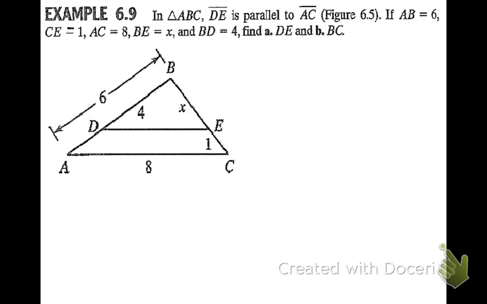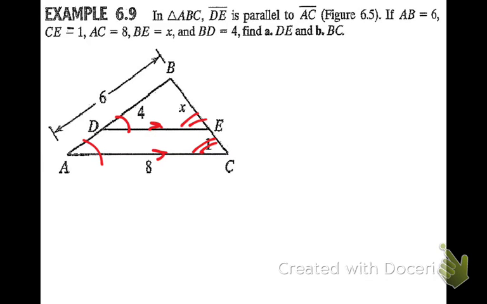DE is parallel to AC. What do we know from that? Both are parallel, so angle BDE will be congruent to angle BAC. Yeah. Okay, we've got corresponding angles. This angle is the same as that because those lines are parallel, and this angle is the same as that because the lines are parallel.